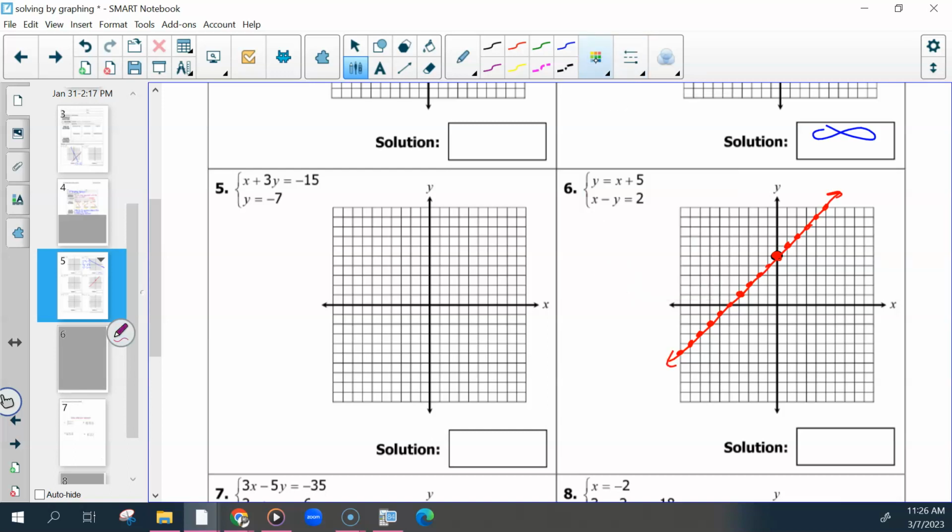If we were to solve the other one, we would subtract x on both sides. Divide everything by -1.